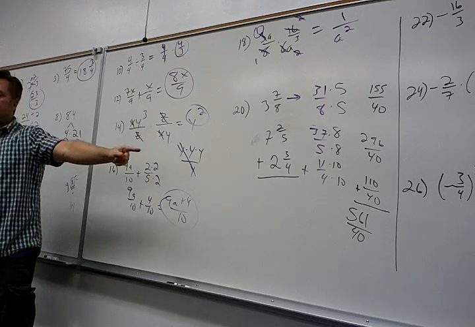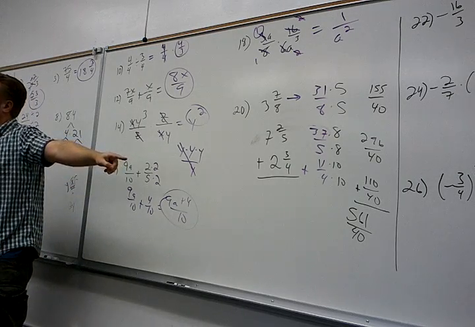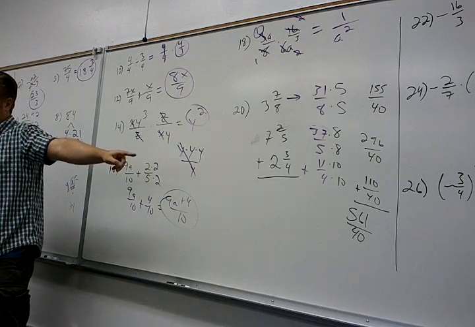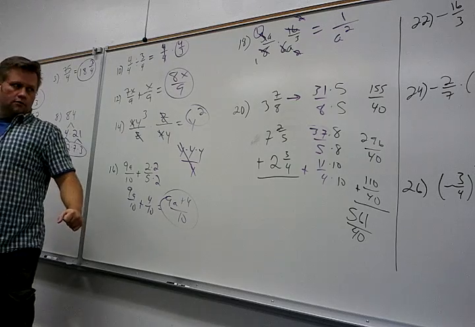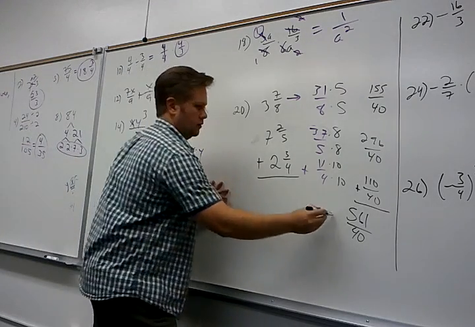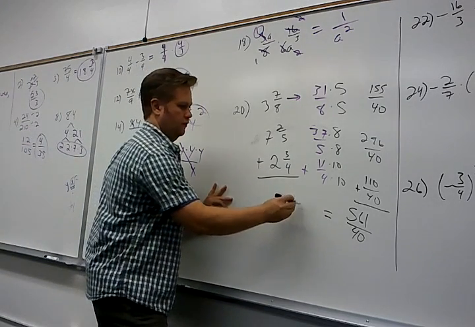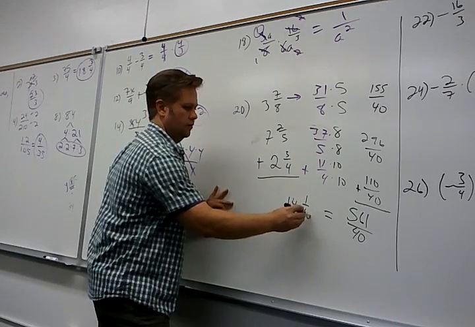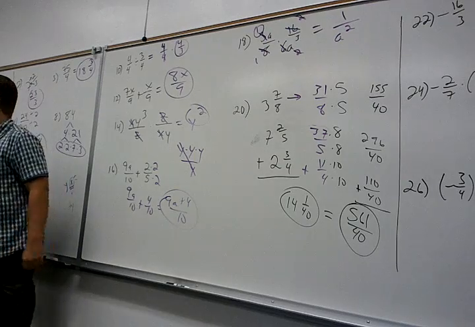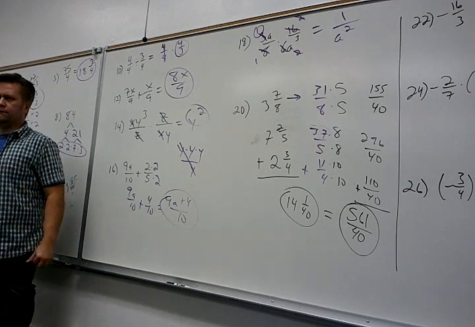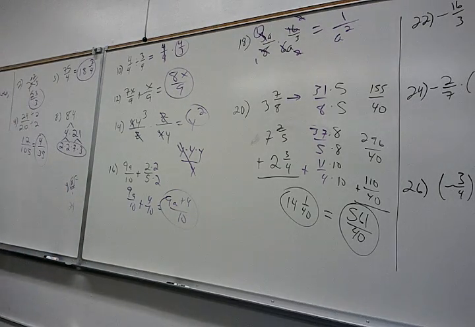Simplest form, so it only depends on if it's reducible. Yeah. You could write it as a mixed number, but that's not really reducible. Oh, you're right. So as a mixed number, 14 and 140. 14 is 1/20. 140. Yeah, so let me show you the other one.